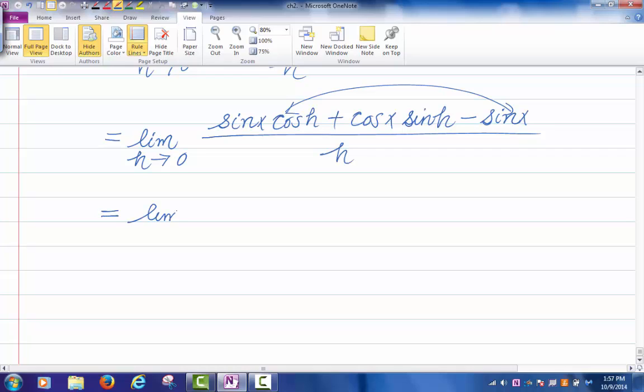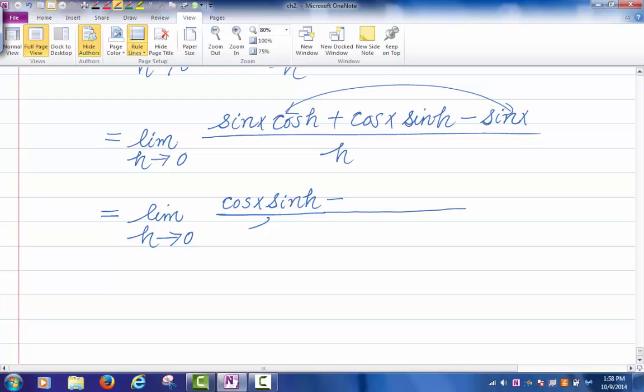So I am going to first write the middle term first: cosine x sine h divided by h.